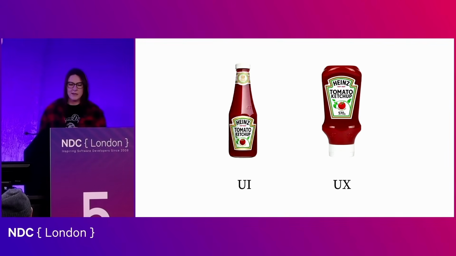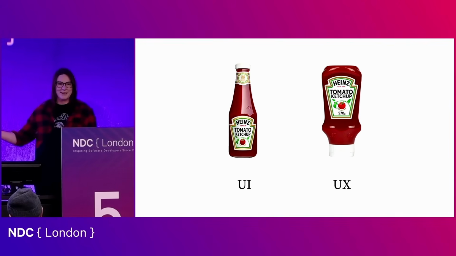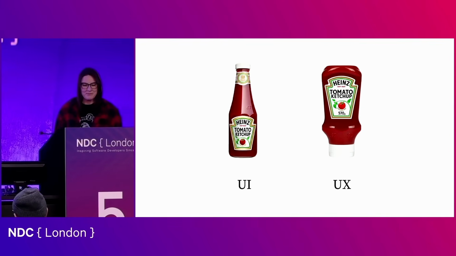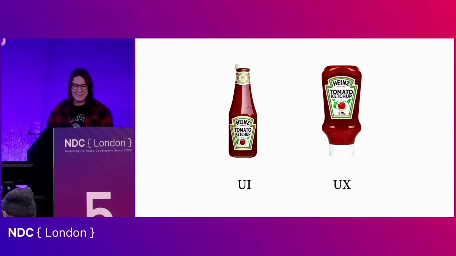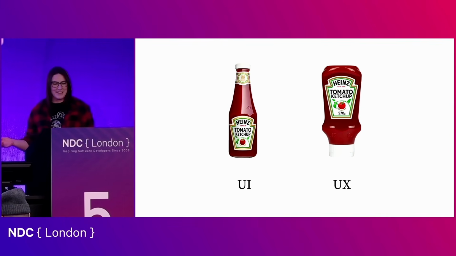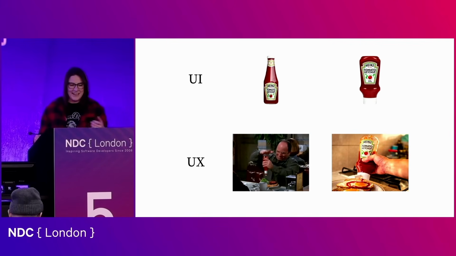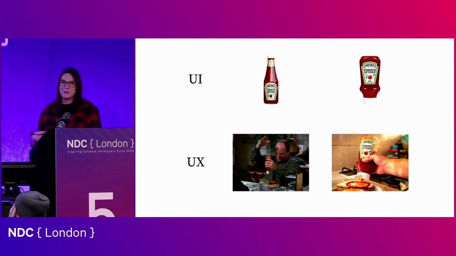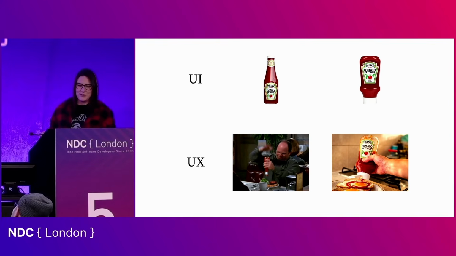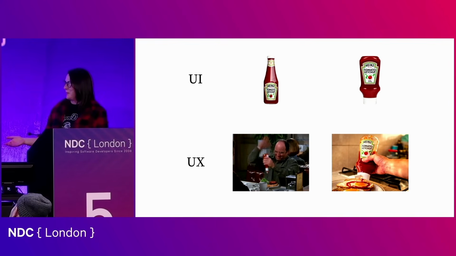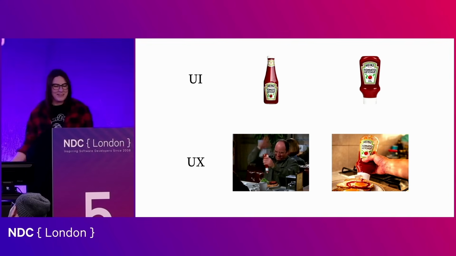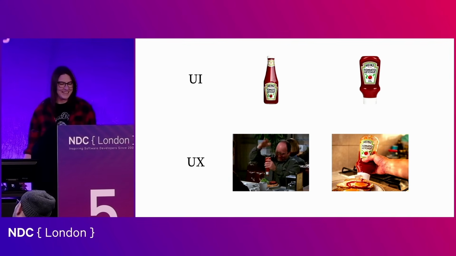You've probably seen some mildly incorrect graphics that try and explain this difference. I mean, yes, I can sort of see what they're getting at here, but generally, I guess these are more examples, both of UI, and then these are examples that show the user experience. So you can see the left side, bad user experience, unless that's what you enjoy, and the right side, good UX.